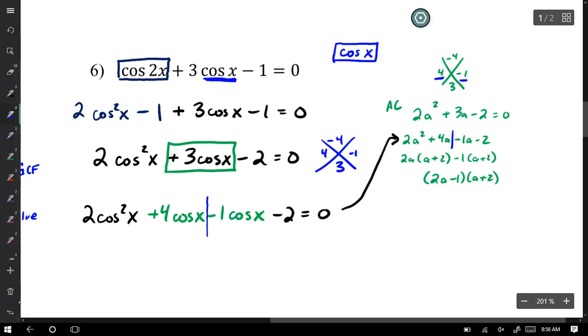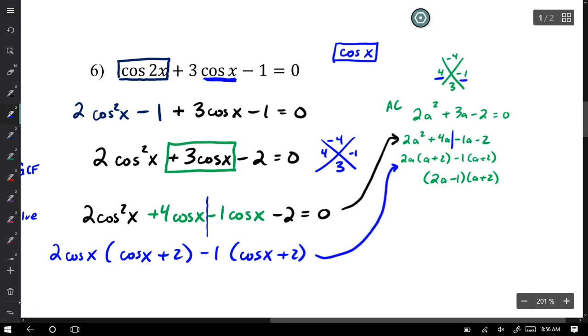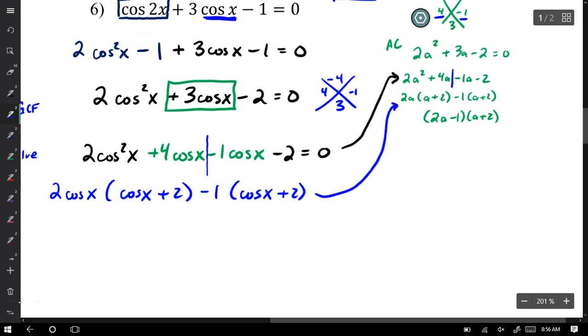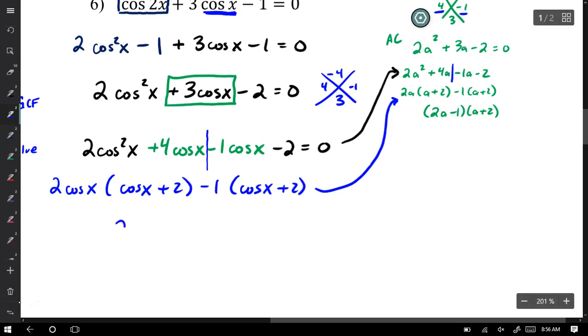The first two have a 2 cosine of x in common, and that's going to leave me with a cosine of x plus 2. The next two have a negative 1 in common, and that's going to leave me with a cosine of x plus 2. Again, very similar structure. And we'll finish off the factoring. We have a 2 cosine of x minus 1 and the cosine of x plus 2.